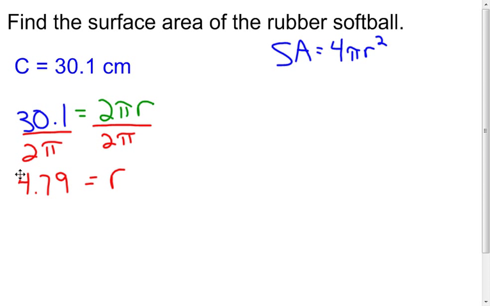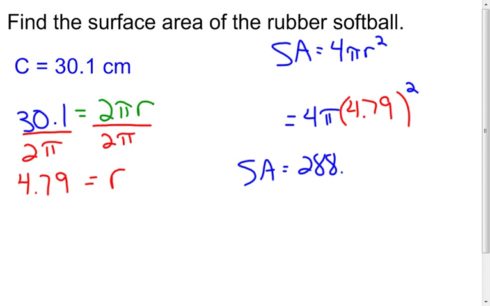And now that I have my radius, I can come back over to my surface area formula and plug it in. The surface area is going to equal 4 times pi times the radius that I just found, 4.79, squared. After punching all of that on my calculator, I find out that the surface area of my rubber softball is 288.39 centimeters squared.